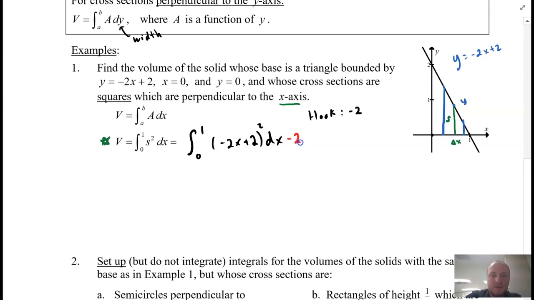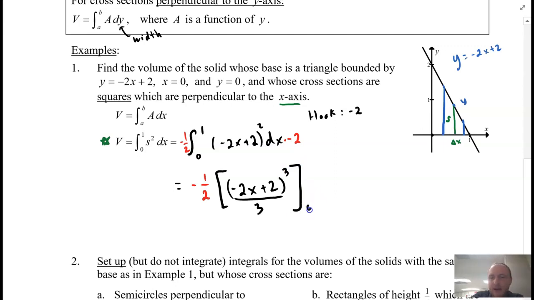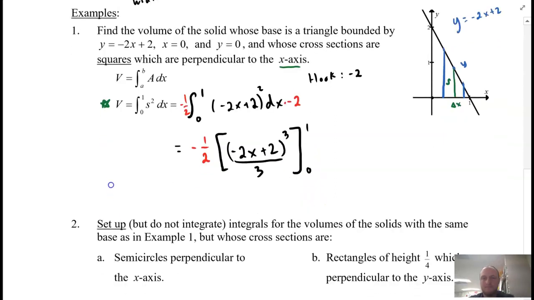I like putting the negative 2 back here with the dx, and then I have to account for that, so I'll multiply by negative 1/2. So this is equal to negative 1/2 times negative 2x plus 2 to the power of 3 divided by 3, evaluated from 0 to 1.